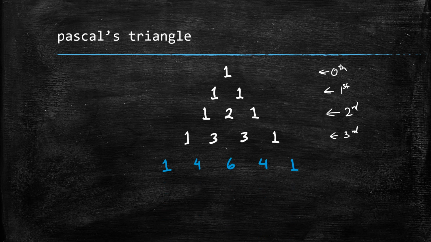So if you didn't or hadn't picked this up, the pattern is that there's ones along the left side, ones along the right side of the triangle, and to get every other term, you add the two terms above. So 1 plus 1 is 2, 1 plus 2 is 3, same here. 1 plus 3 is 4, 3 plus 3 is 6, 3 plus 1 is 4.